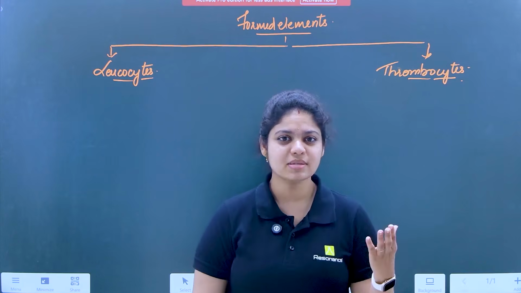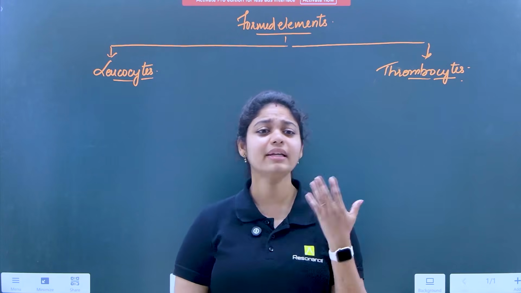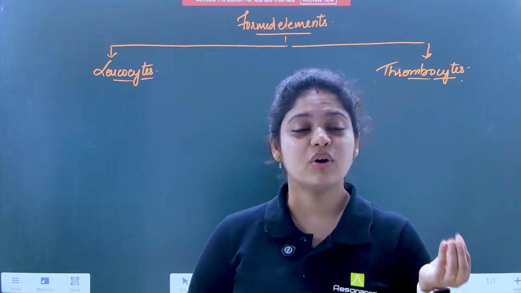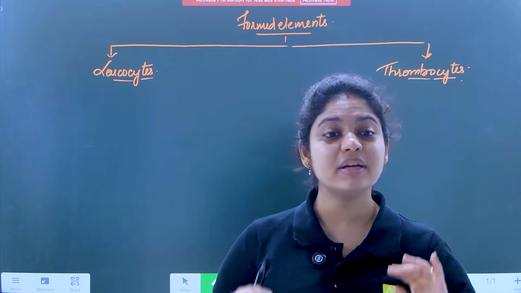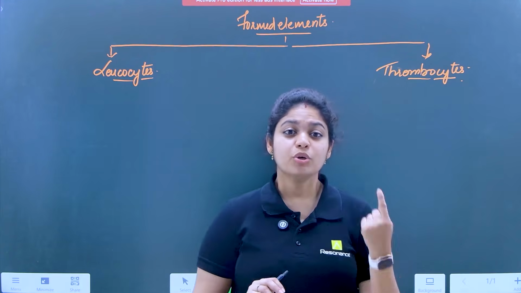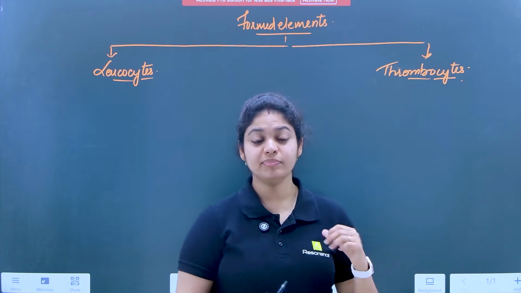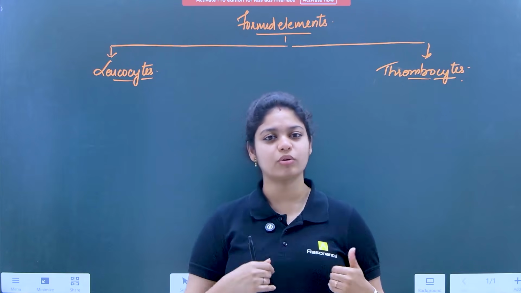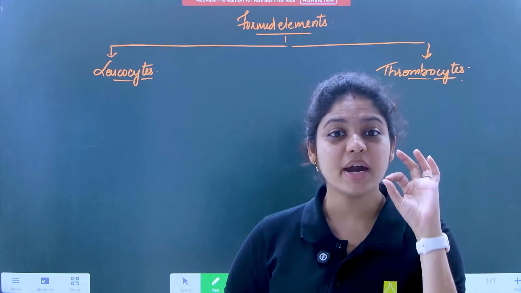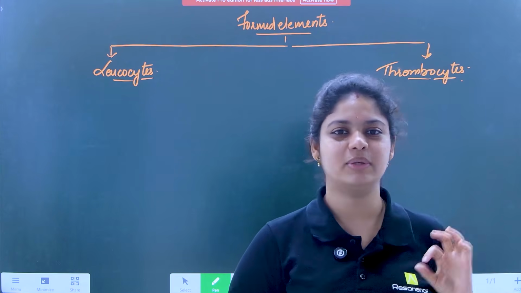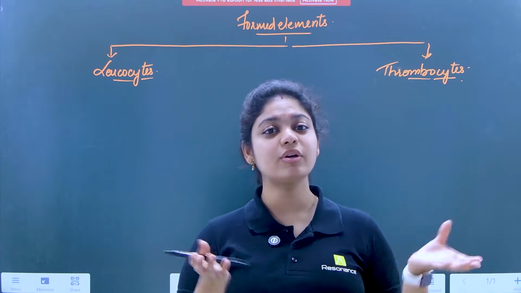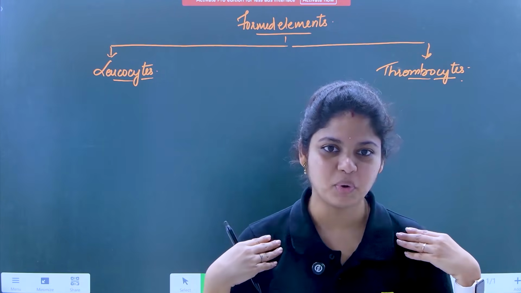Camels, where do they live? They live in deserts, right? Because it is living in a desert where there is a lack of water, when it gets water, then only it will consume a lot of water. A camel can consume 100 liters of water and store it inside the body.